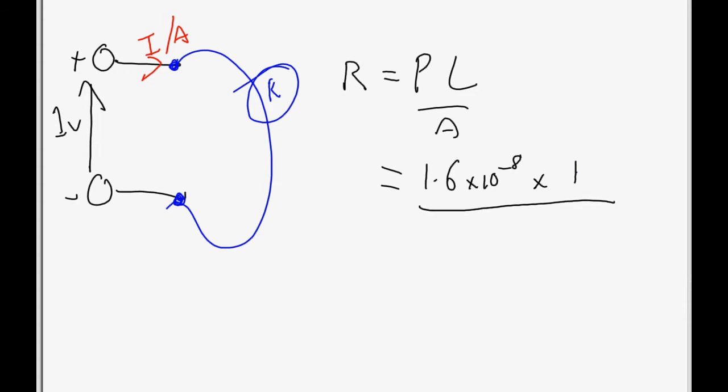So just remember that P, this is in meters, length is in meters, and area will also have to be in meters. Make sure that you do convert everything to meters. This is a standard unit. It's no good doing millimeters, centimeters and meters, otherwise this is all going to work out completely useless.